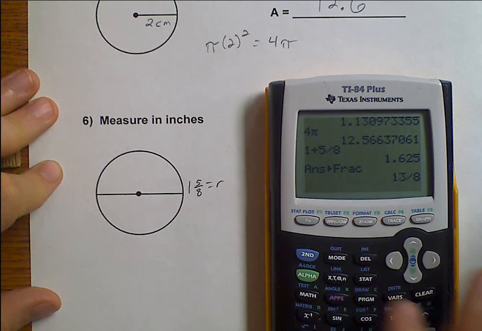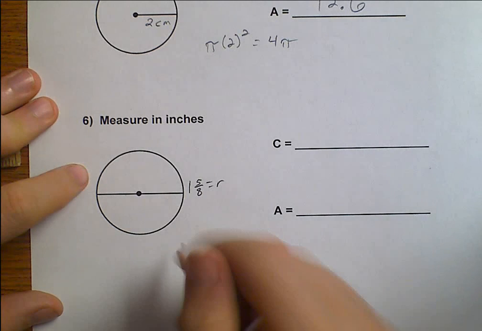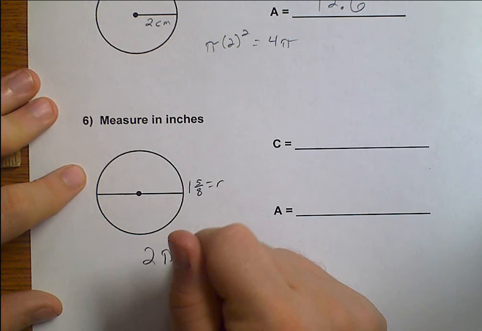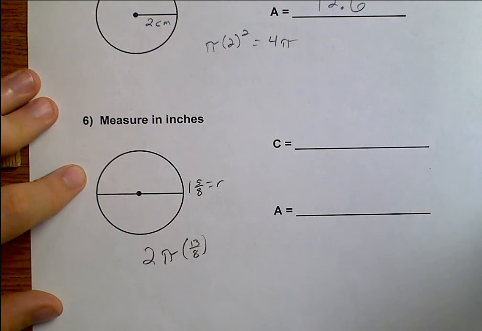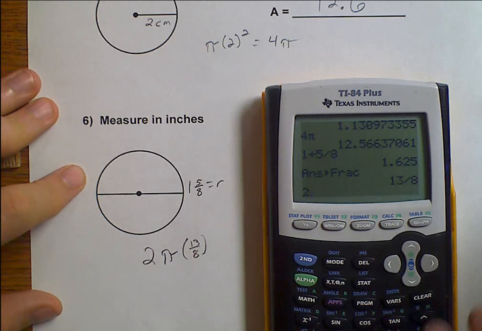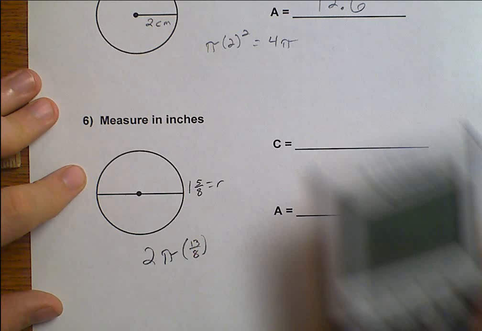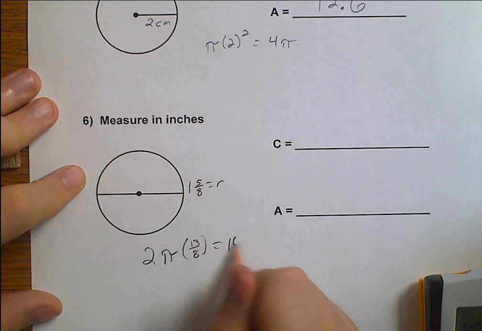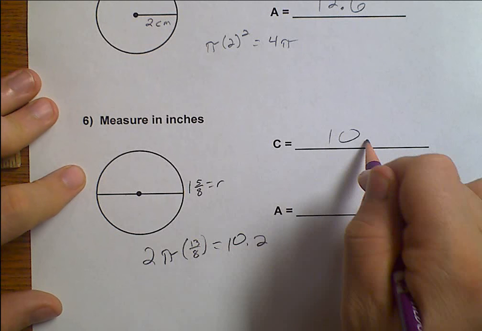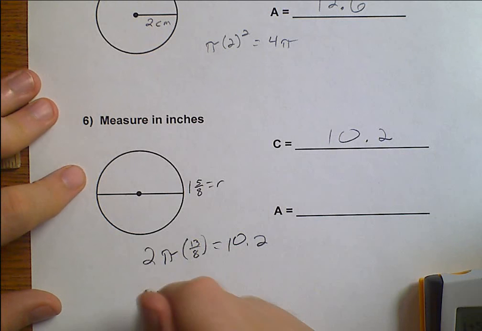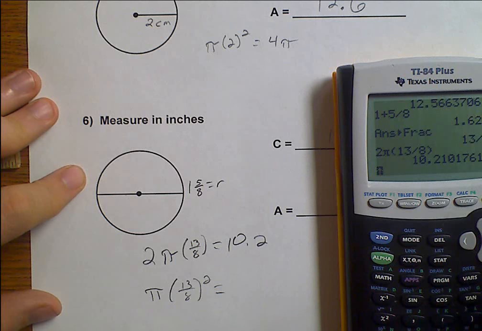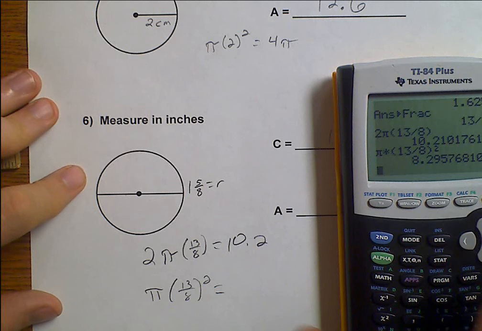We get 13 eighths. So 2 times pi times 13 eighths gives us 10.2. And our area, pi times 13 over 8 squared, is 8.29, which is 8.3.